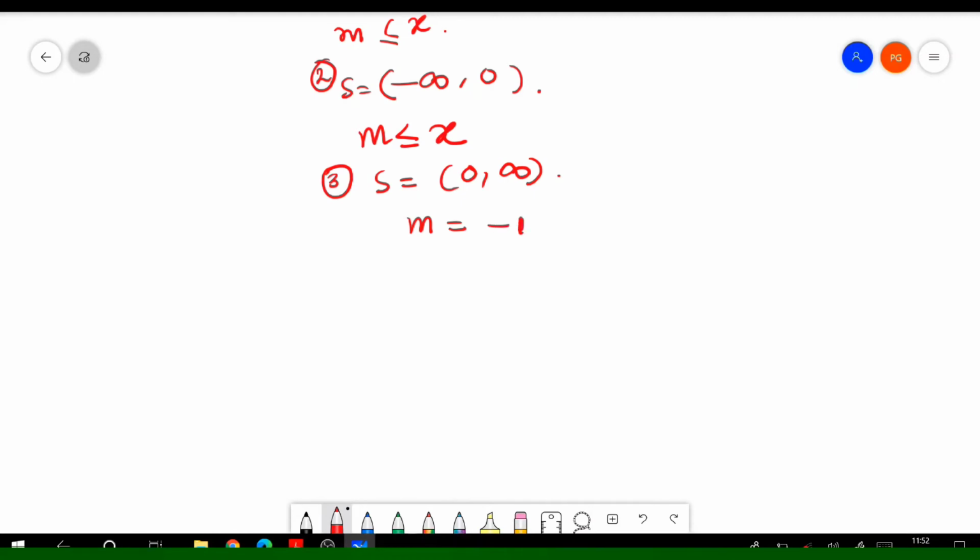For M is equal to minus 1, we can easily see that for every x belongs to S, minus 1 is less than or equal to x, and hence we can say that set S is a bounded below set, not bounded above, but bounded below.